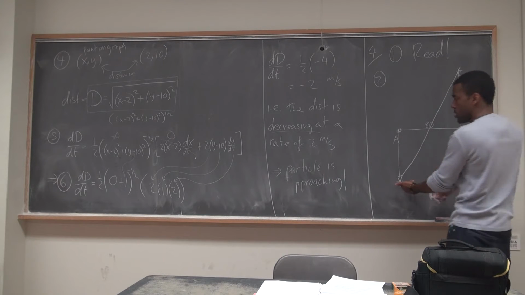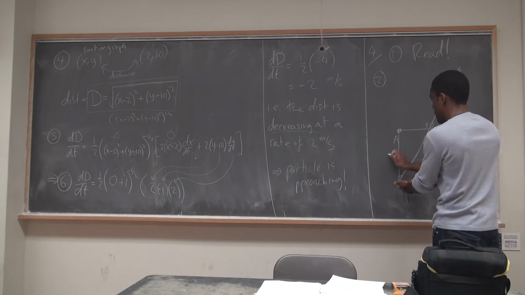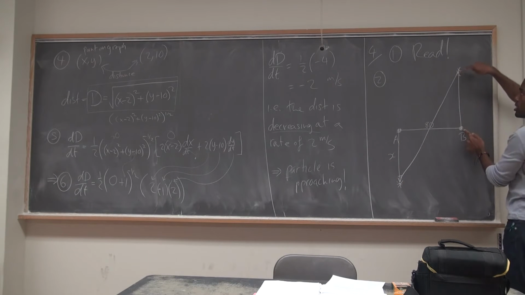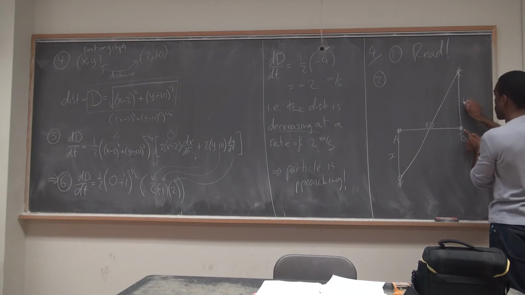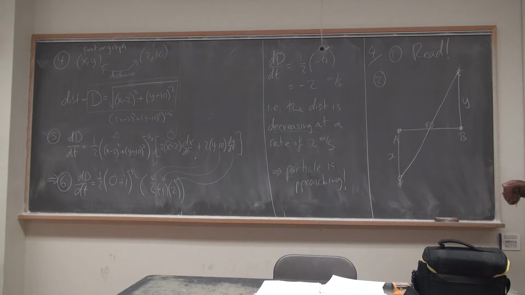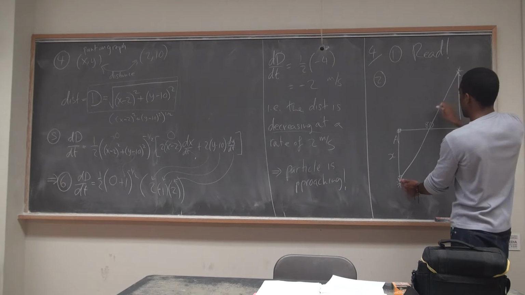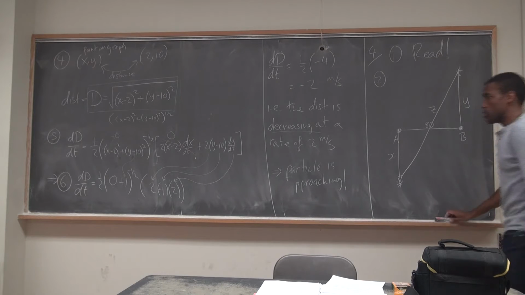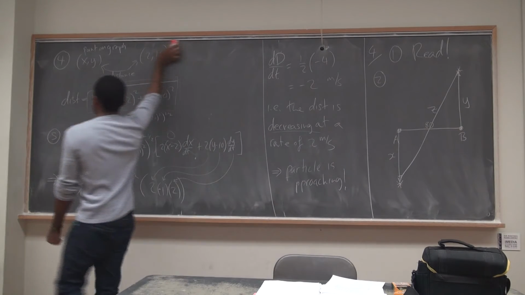So I label that with a variable, whatever you want. Call it X. This distance is also changing because B is moving up, so that distance is increasing, so call that Y. What else is increasing? The hypotenuse, this guy connecting the 2. Call that Z.